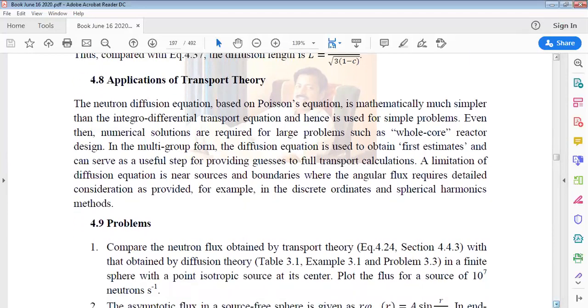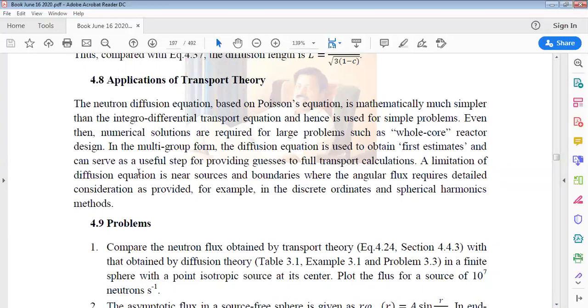Now, the neutron diffusion equation is based on Poisson's equation. It is mathematically much simpler than the integro-differential transport equation, and hence the diffusion model is used for simple problems. Even then, numerical solutions are required for large problems such as whole core reactor design.